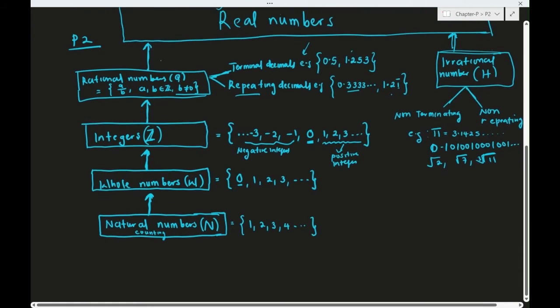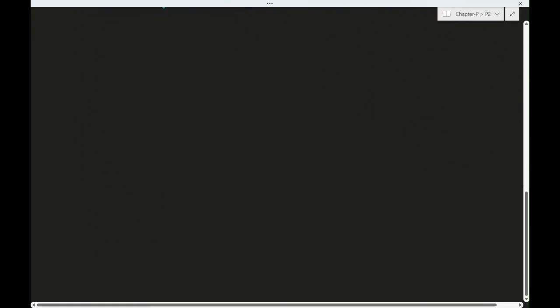Now let's go to something else and talk about the properties of real numbers. So let's talk about properties now. This is still part of P2. So we're talking about properties of real numbers. When you talk of properties of real numbers, about three things are important.